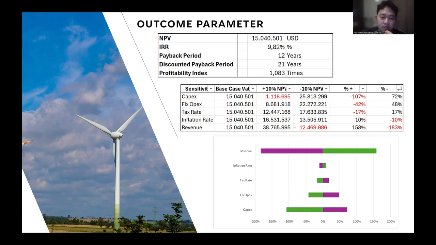And then the discounted payback period, as I calculated from the accumulated discounted cash flow, has a negative value from the first year until the 21st year, and after that becomes positive. And this project has a profitability index of 1.083 times.